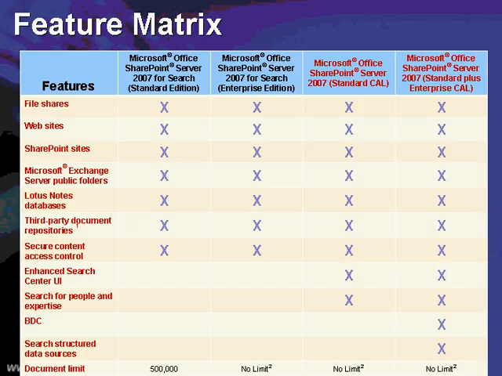So this will give us all the features, including BDC and searching structured data sources with the BDC. And those are really the main deltas between the standard and the enterprise as far as search is concerned. There's some other features around Excel Services and Forms Services which we won't be going into today.